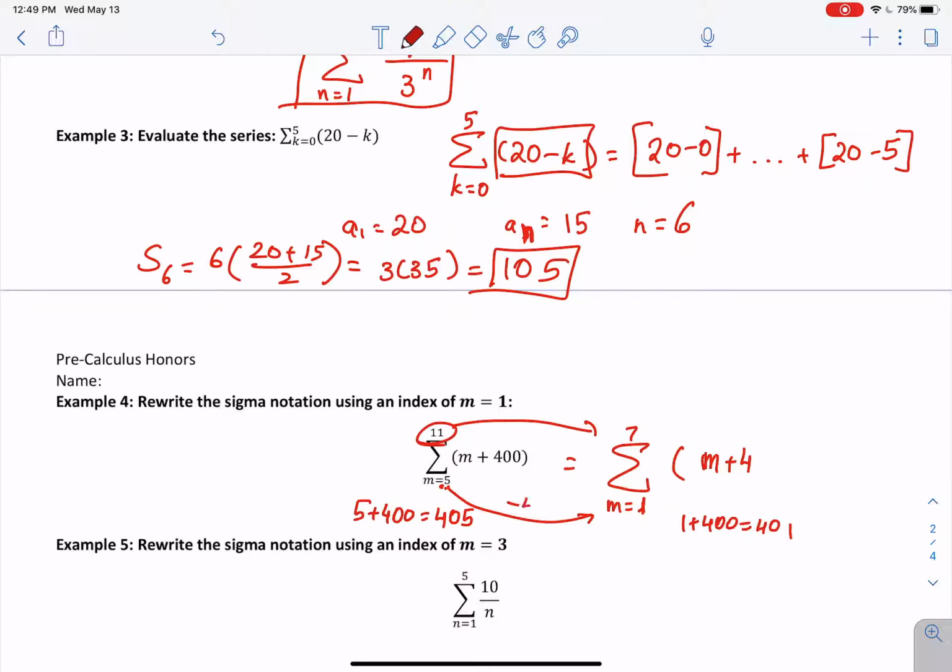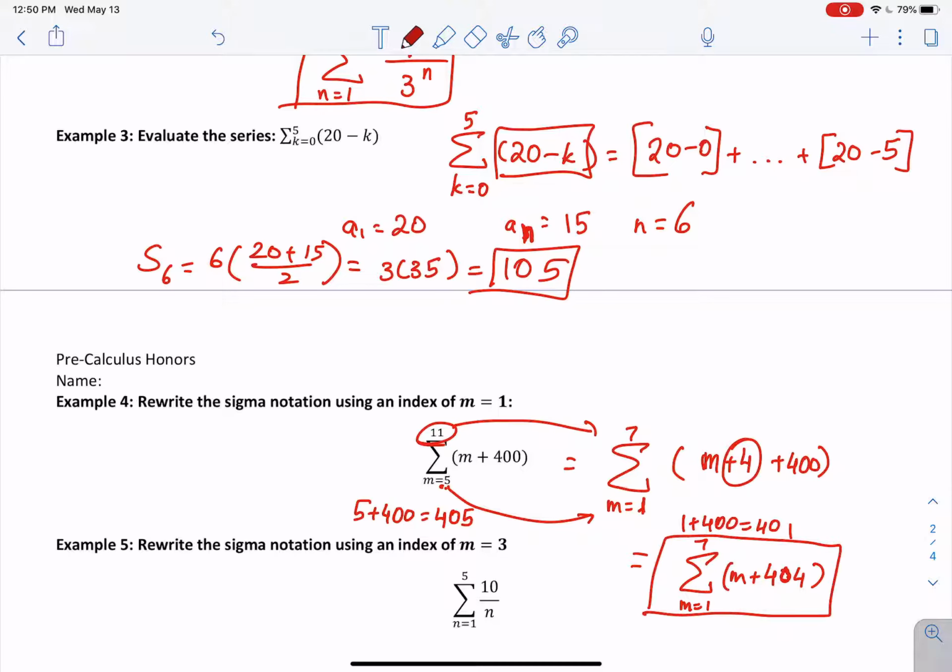So I'm subtracting 4 here, but I'm adding the 4 there. It's kind of like when you solve equations. You need to keep it balanced. Right? You subtract something, you add it to make sure that it's still equal. That's what we're doing here. So I'm adding 4 to adjust it, and I still have my formula. So cleaned up, this will look like m plus 404.